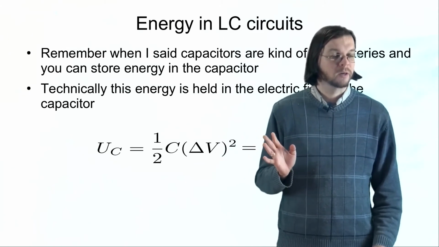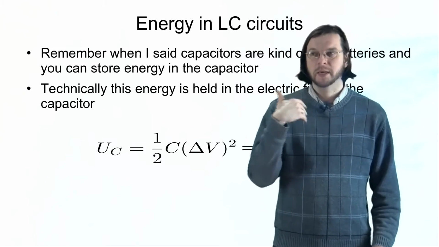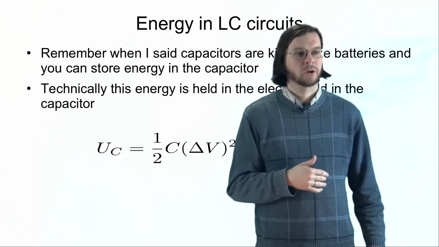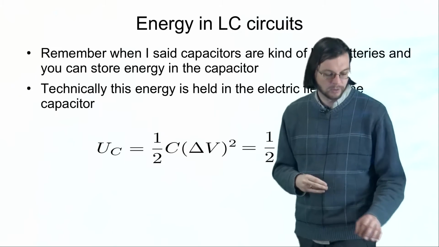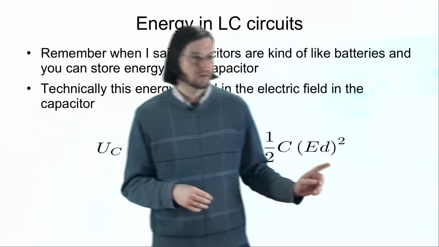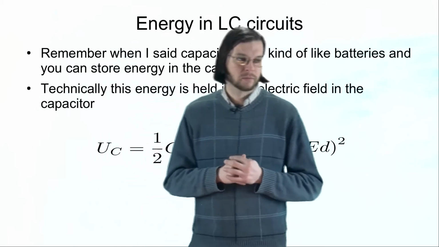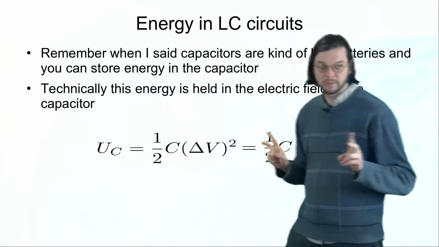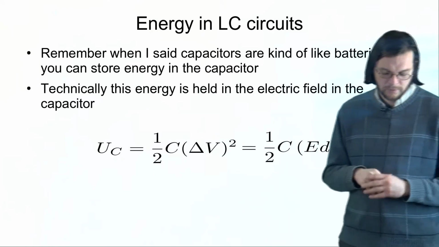And that's kind of remarkable because how do you store energy in a solenoid? There's no energy necessarily stored in the current. The fact that you have a current is not necessarily a source of energy. But in a certain sense here, you're storing it in the electric fields is what nerdy physicists would say. That in a capacitor, you're storing energy in the electric fields.